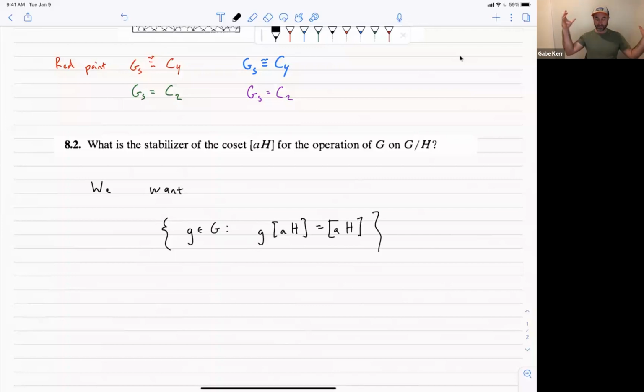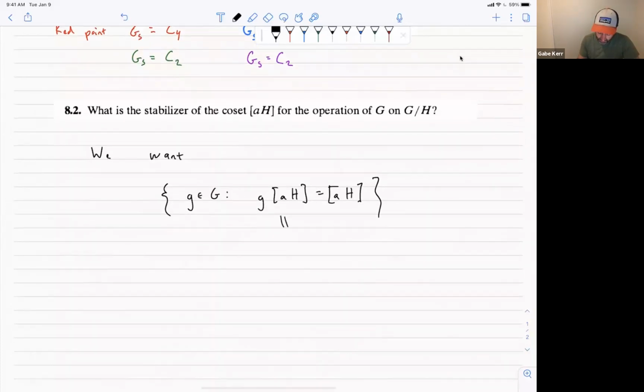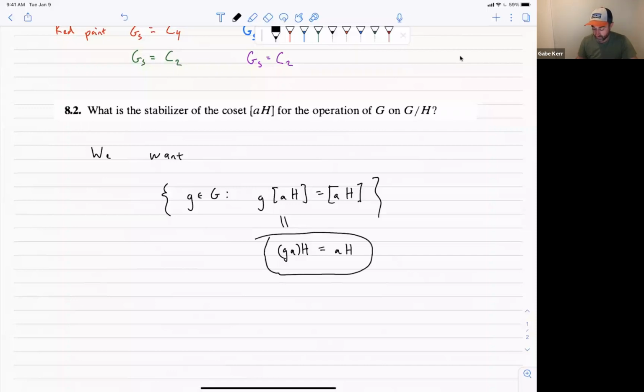He puts these brackets around it to think of an element as a single element inside of this set of cosets, G over H. But by definition, this is just gAH. So we're looking for gAH equaling AH. So this is what we want. What do you think?